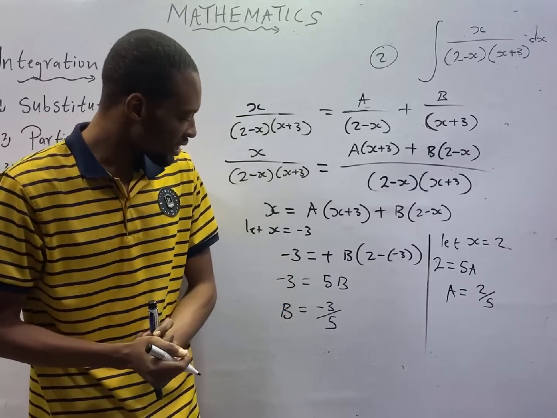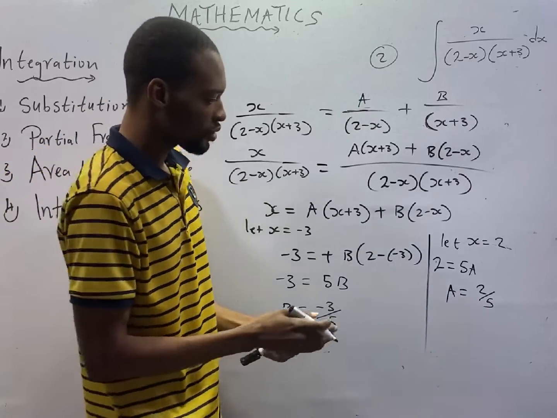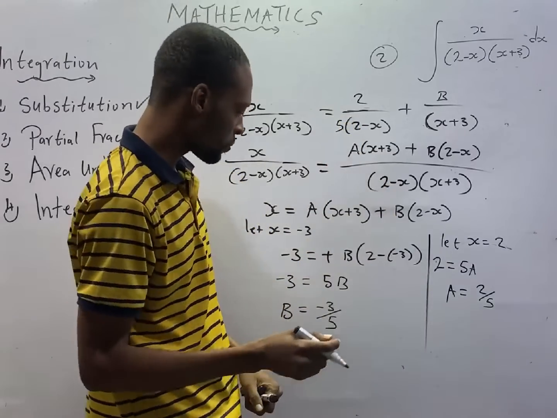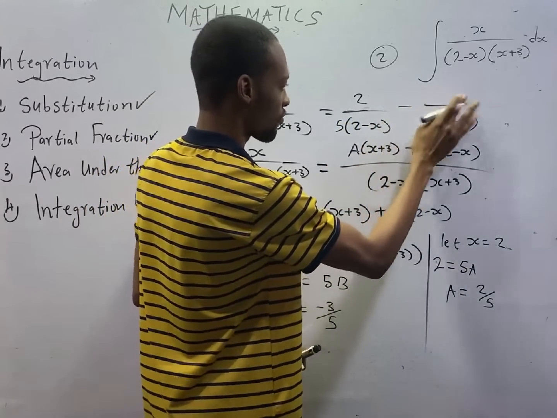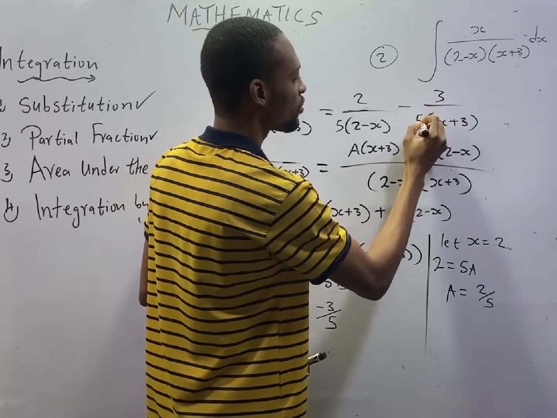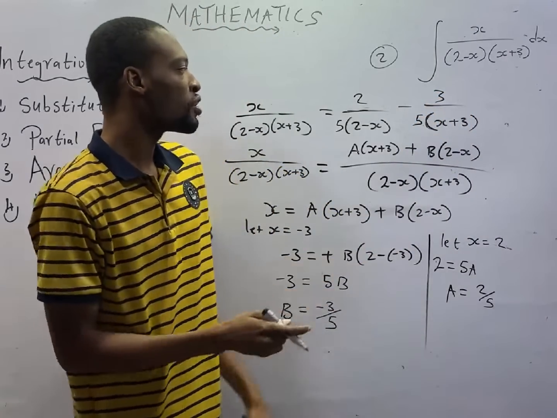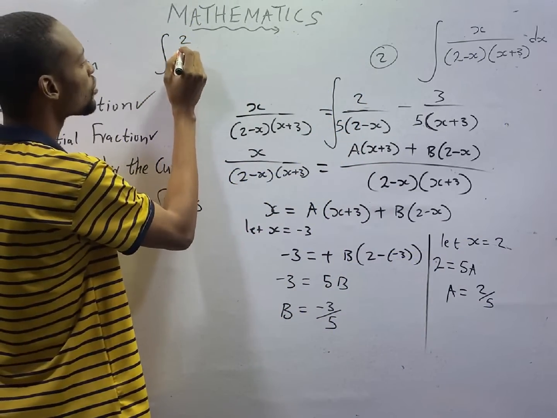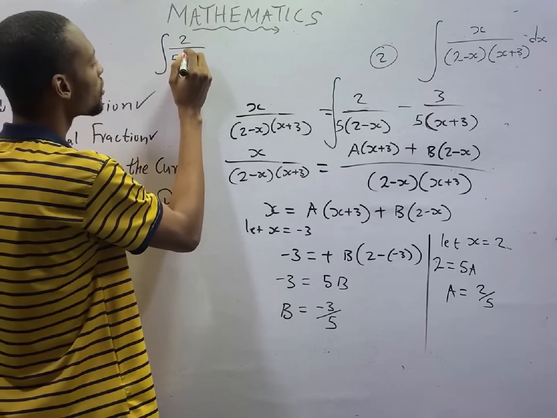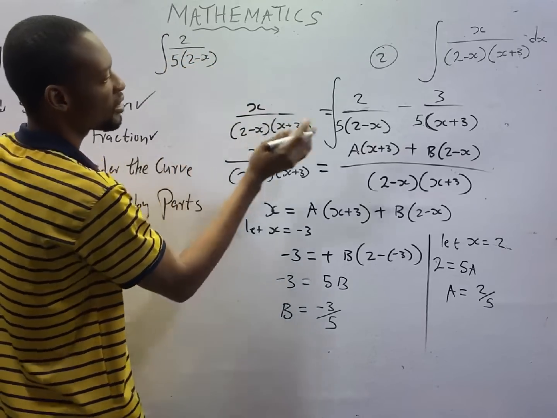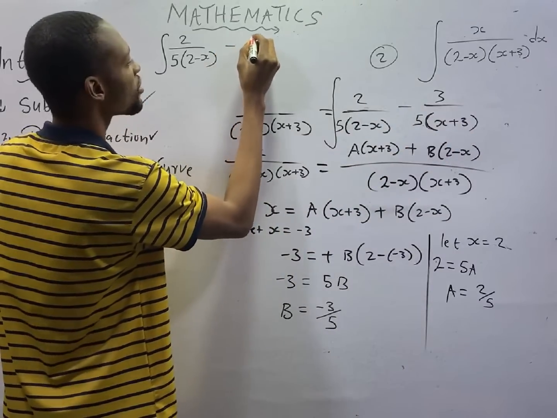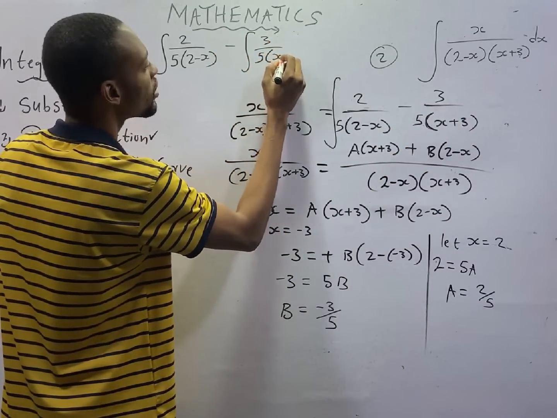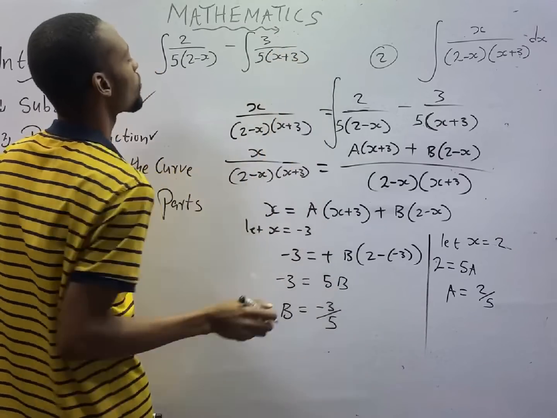If we substitute that here, A becomes 2 over 5 and B becomes minus 3 over 5. You therefore find the integral of this part. Integral of 2 over 5 times 1 over (2 minus s), then the other part minus integral of 3 over 5 times 1 over (s plus 3).